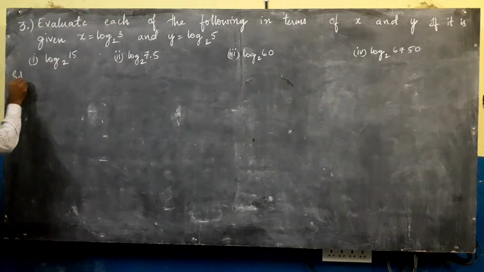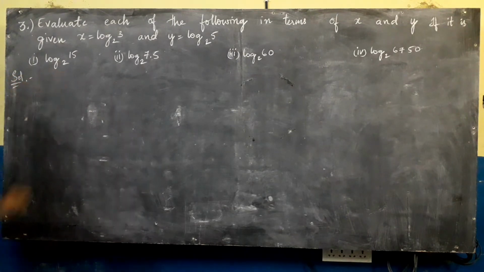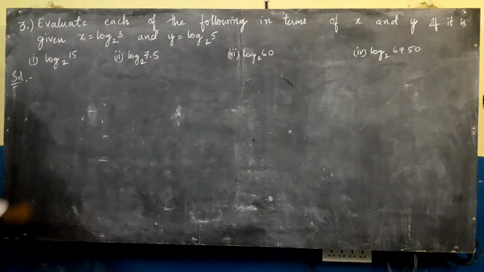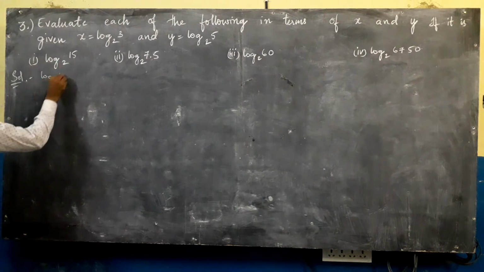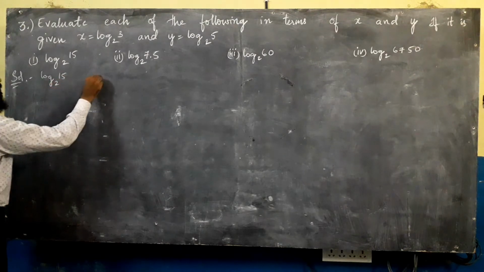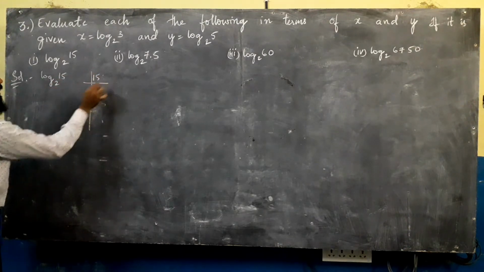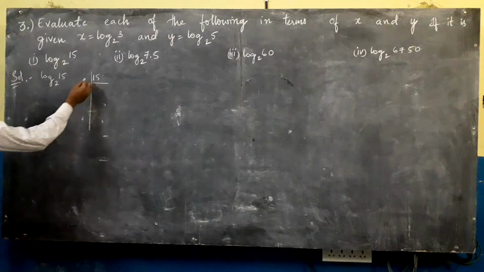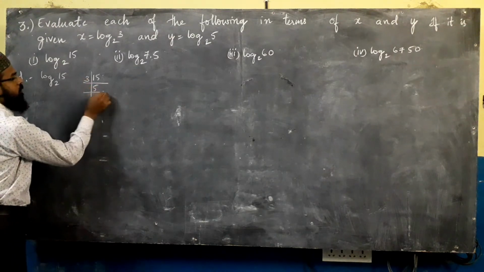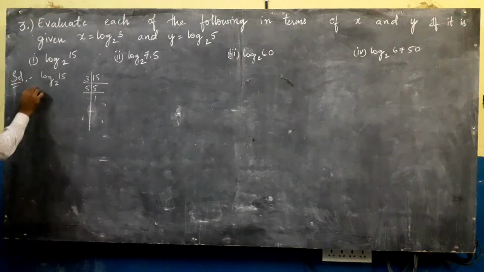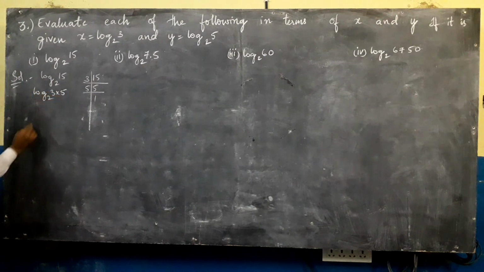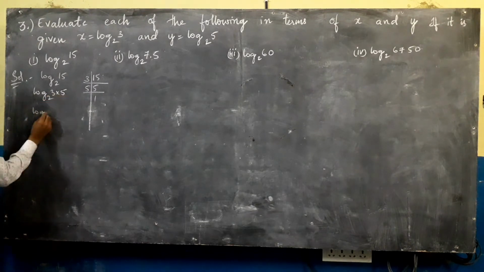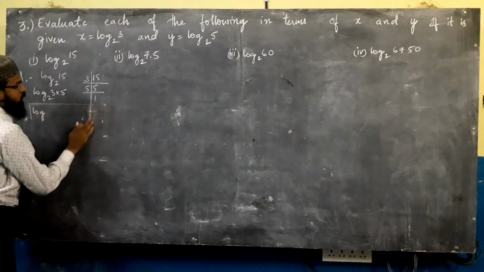In the solution, they have given 4 bits. Let us solve this first bit: log 15 base 2. First, we have to take out the factors of 15. 3 5s are 15, 5 1s are 5. So log 3 into 5 base 2. We know that one formula is there.